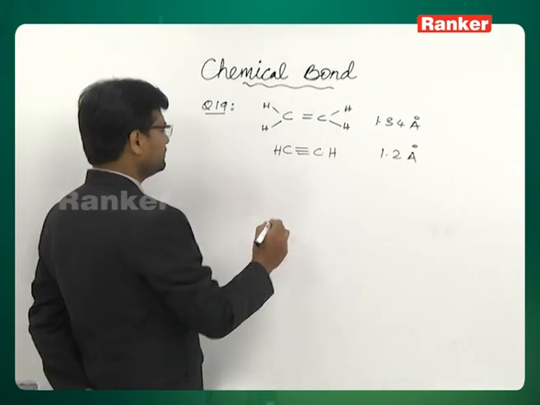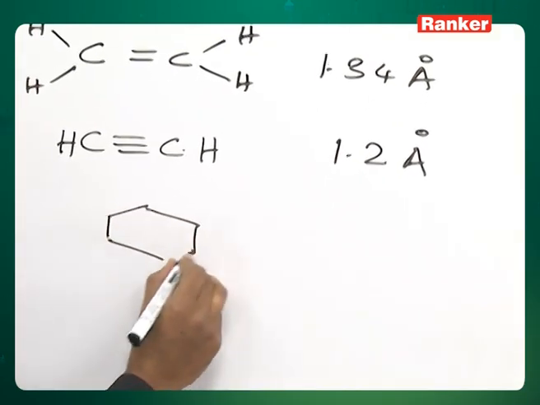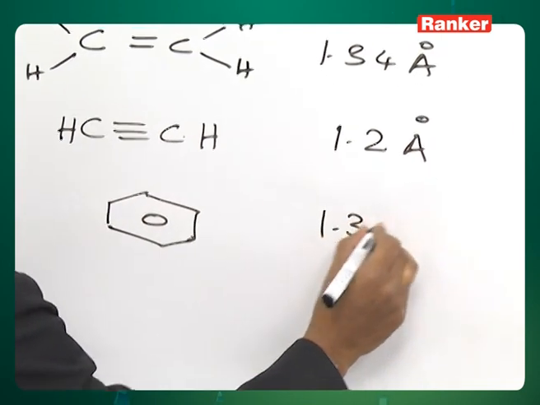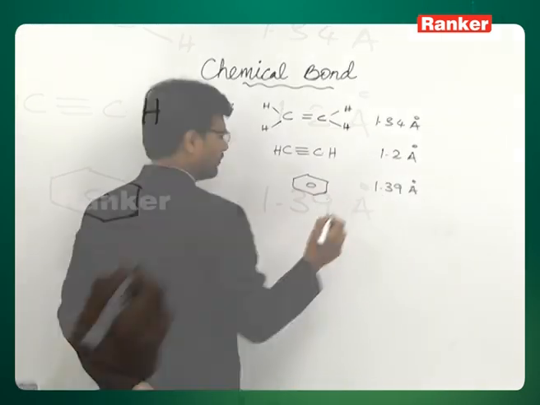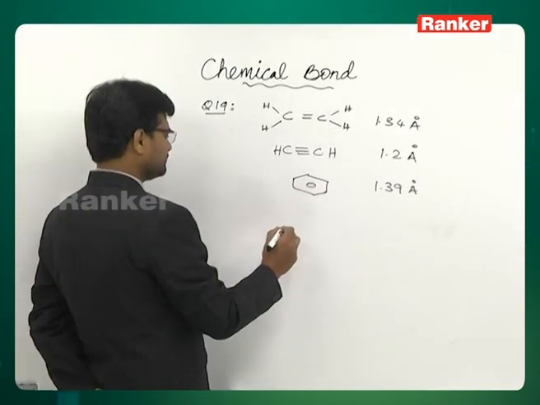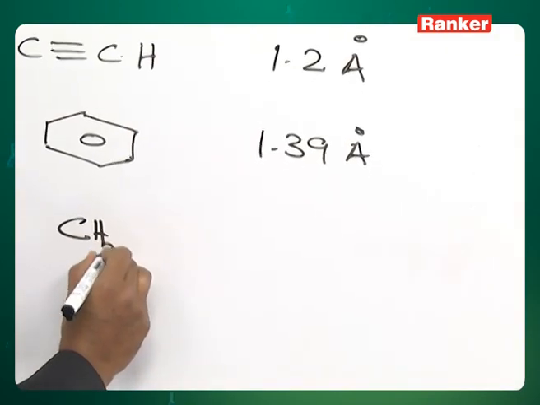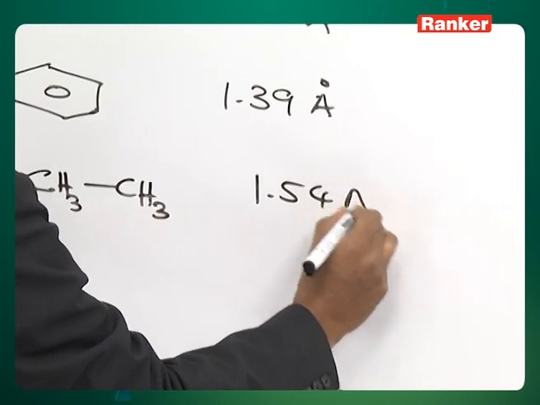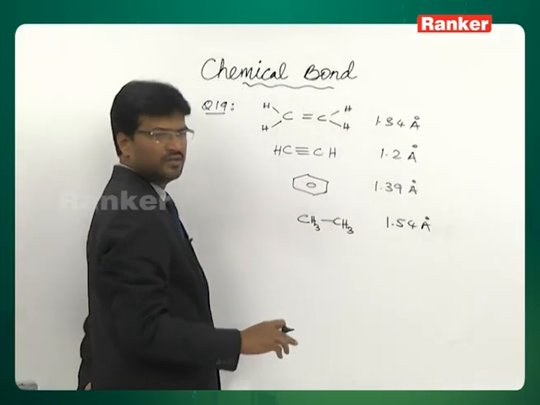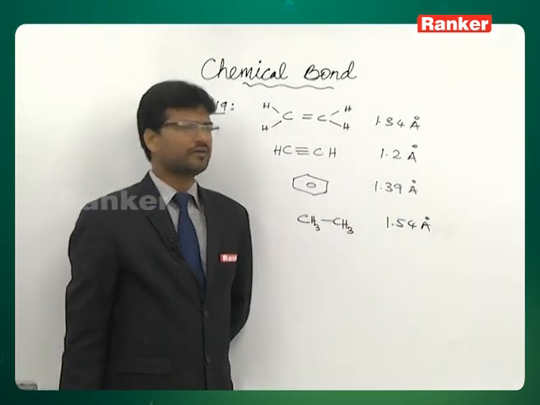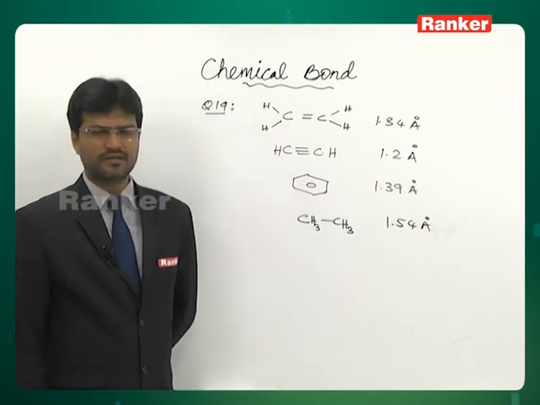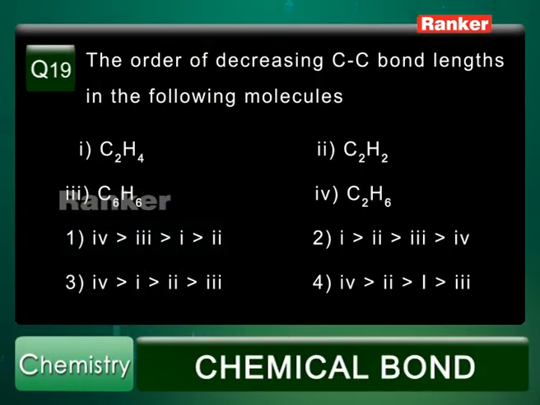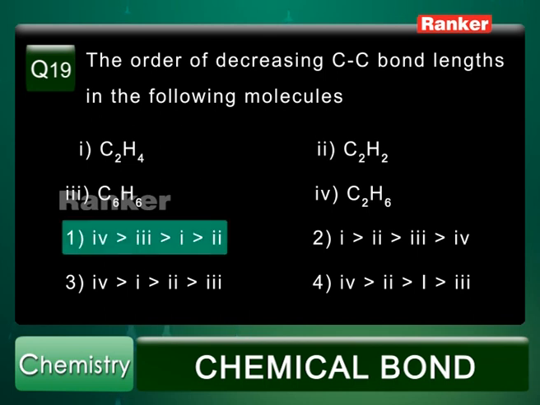Then you have benzene, 1.39 angstroms because the bond order is 1.5. And then ethane, bond length is 1.54 angstroms because it's a single bond. So bond length depends upon bond order. As the bond order increases, bond length decreases. So the correct answer is first option. 4 is maximum and 2 is minimum.